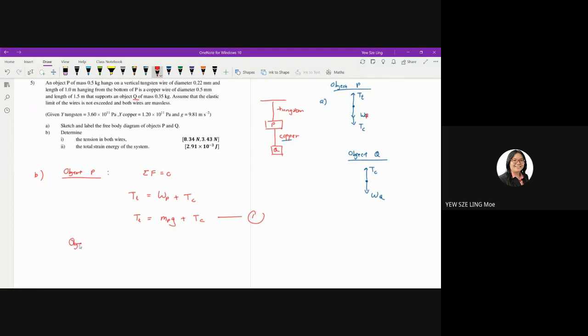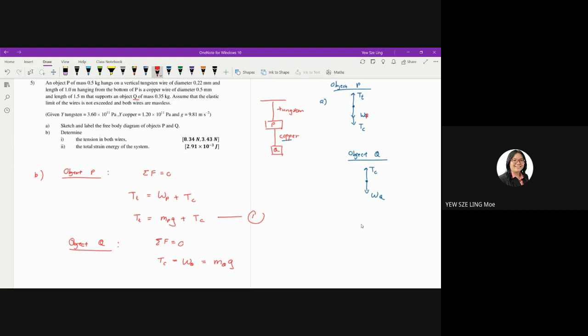So object Q. Once again, it is not moving, therefore we apply Newton's first law: summation of F equals 0. Based on the free body diagram, TC equals WQ, which equals MQG.